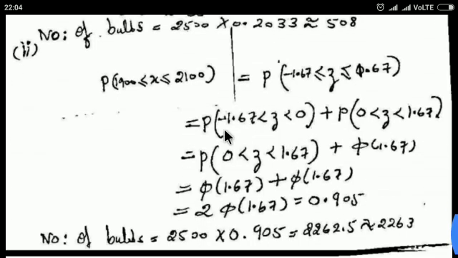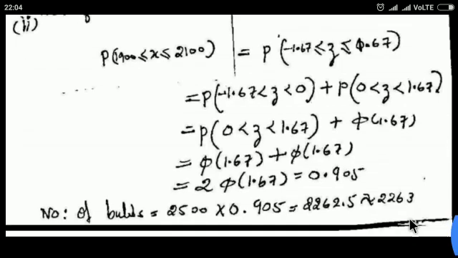So we can write this as minus 1.67 to 0 plus 0 to 1.67. So again this is phi of 1.67. This is also phi of 1.67, so twice phi of 1.67 is 0.905. So the number of bulbs which last between 1900 to 2100 hours is 2500 multiplied by 0.905, which gives us roughly 2263 bulbs.